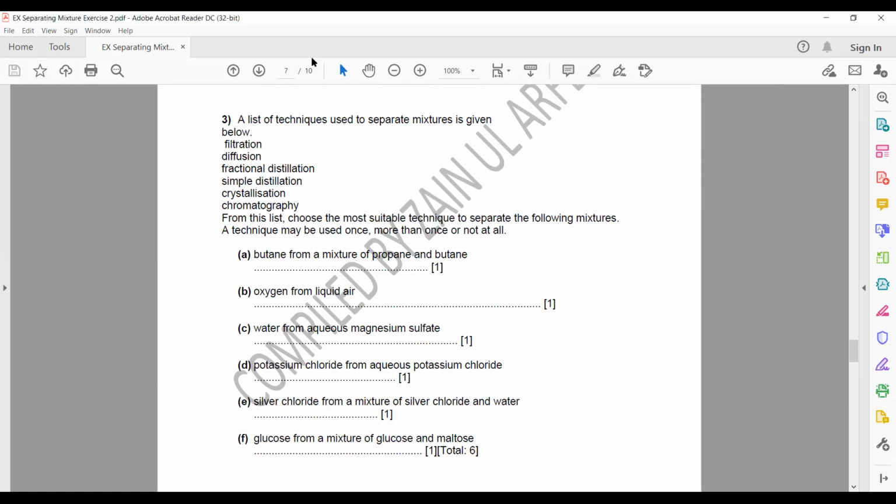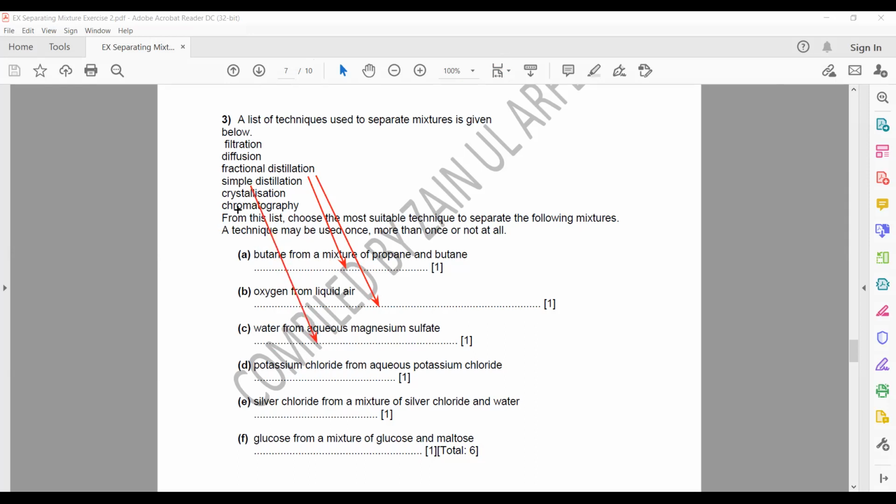So the techniques: butane from a mixture of propane, we use fractional distillation. Oxygen, we use fractional distillation. Water, we use simple distillation. Water from aqueous magnesium sulfate, we use simple distillation.